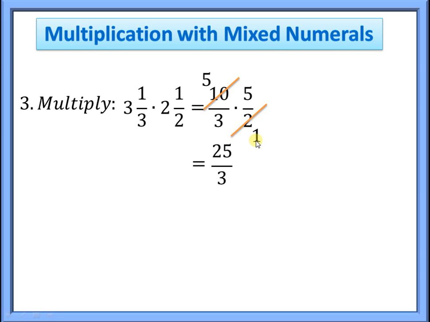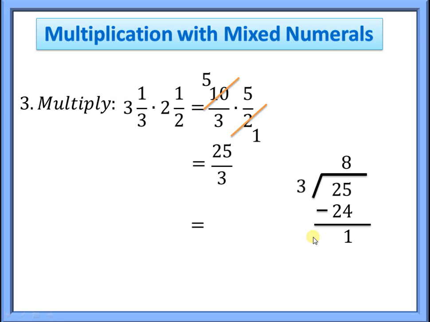The same process, we're going to divide 25 by 3. The answer is 8. Multiply 8 back by 3, we have 24. Then we subtract it. 25 minus 24 will give us 1.